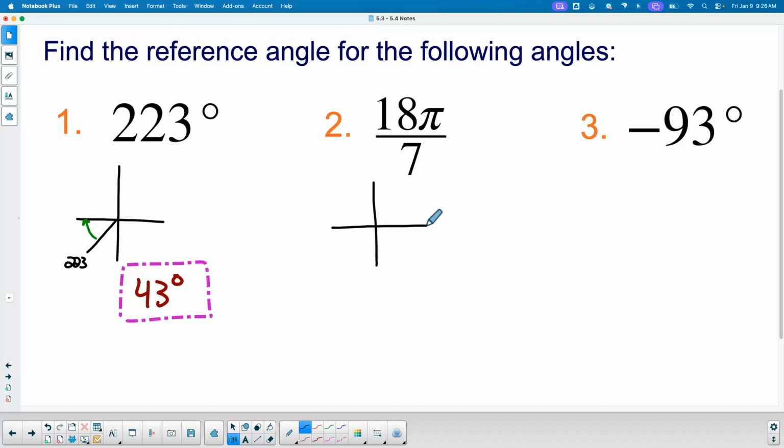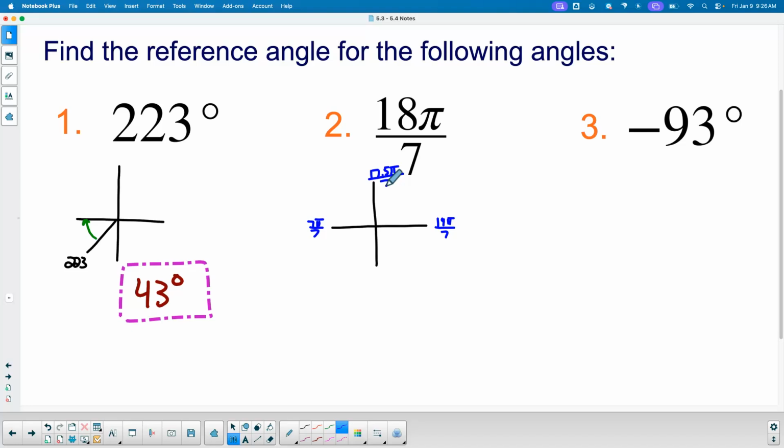Because this would be 7 pi over 7 here, this would be 14 pi over 7 here. That means that this then would be 17.5 pi over 7 up there, because half of 7 is 3.5.